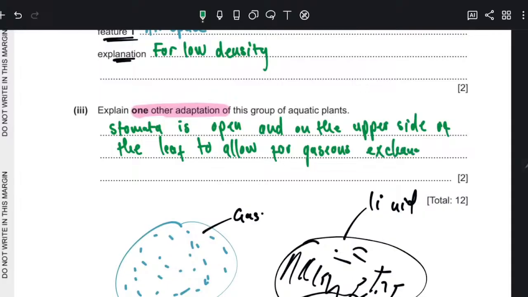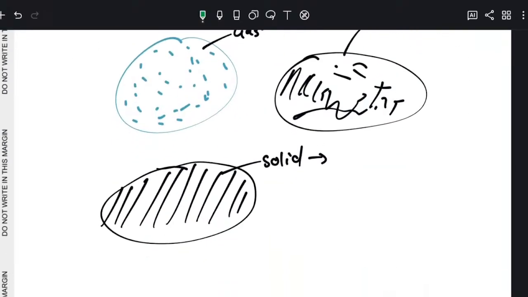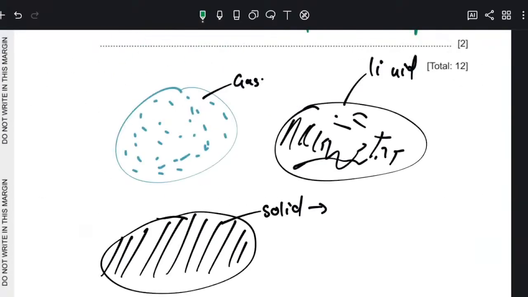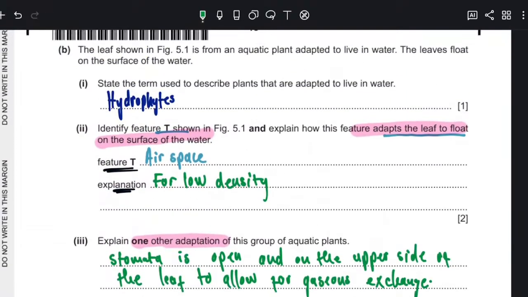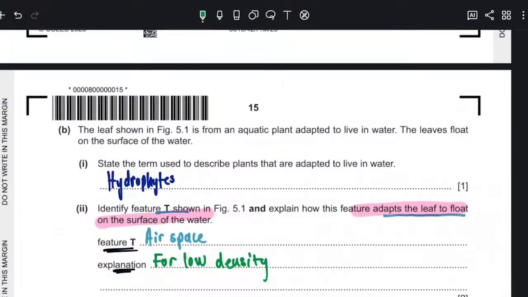You remember, right? Students, do you remember? Yes, the stomata is on the upper side to allow for gaseous exchange. All right. This one is already done. You would have gotten all your marks. You move on. This is 2, this is 4, and this is 5.